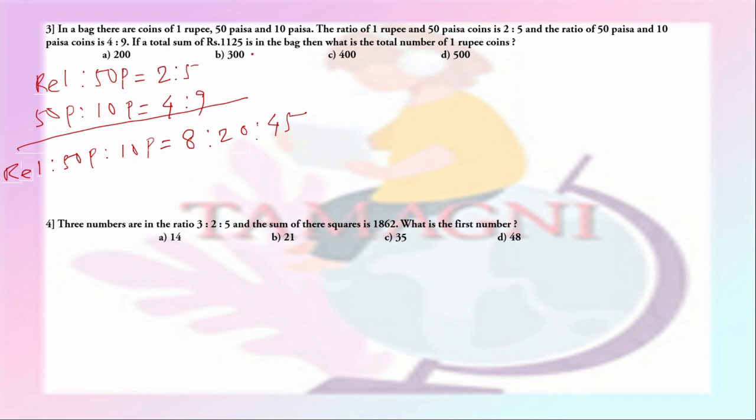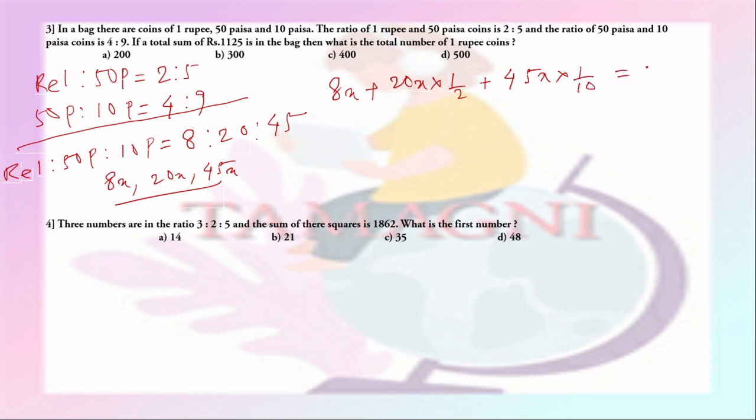Now the total valuation is 1125. If we assume the coins as 8x, 20x and 45x, the number of coins, then the valuation will be 8x plus 20x into 50 paisa means half rupee plus 45x into 10 paisa means 1 by 10 rupee.